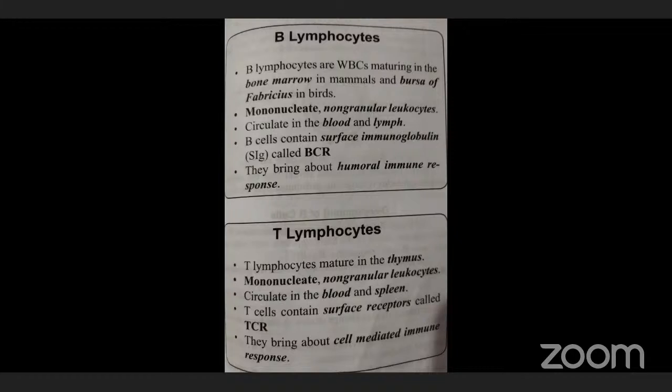The activated natural killer cells will secrete gamma interferons, shortly called IFN-gamma. So that IFN activates the macrophages, which leads to phagocytosis. In this way, the viral infected cells are lysed.